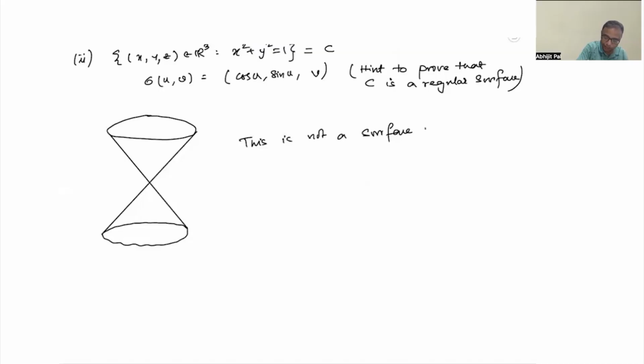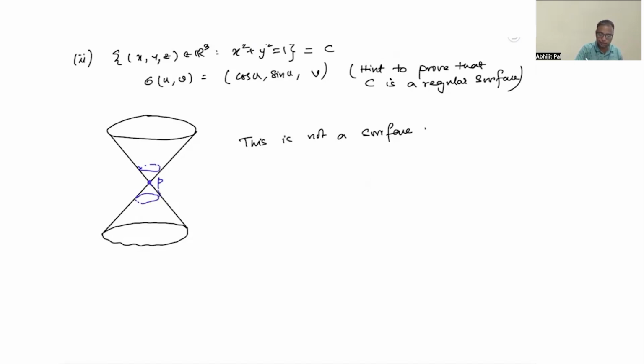Because if I take this point, and take any neighborhood of this point, it will be something like this. If I take any neighborhood of a point in a surface, it should not look like this.